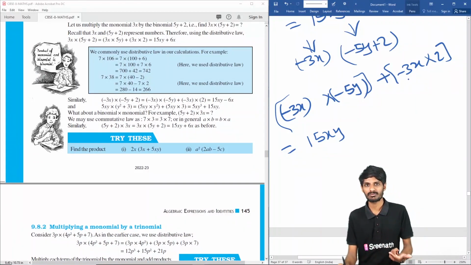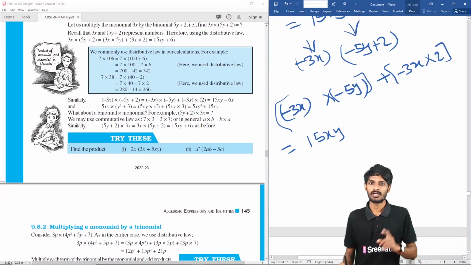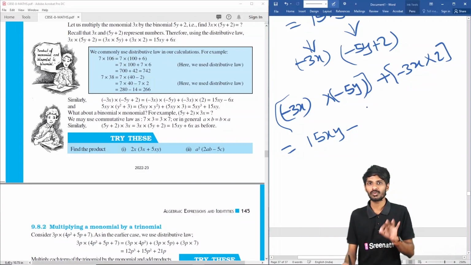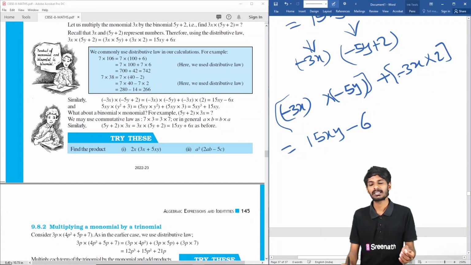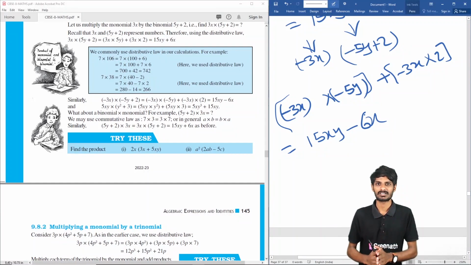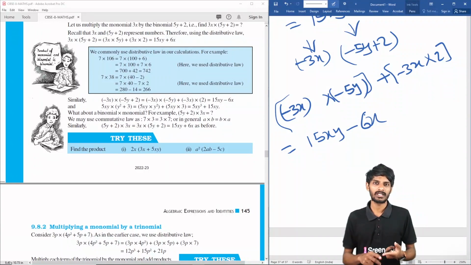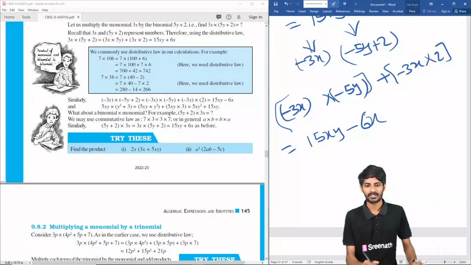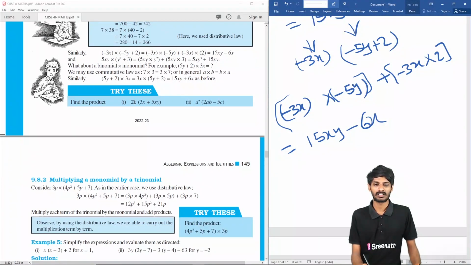So here the number is minus 3 and here it is plus 2. Minus into plus is minus, so I am writing the minus, and 3 into 2 is 6, so I am writing the 6, and there is only one variable, that is x. That's it. So simple, students. Like this we will do the multiplication of a monomial by a binomial. So try to do these examples also, students.